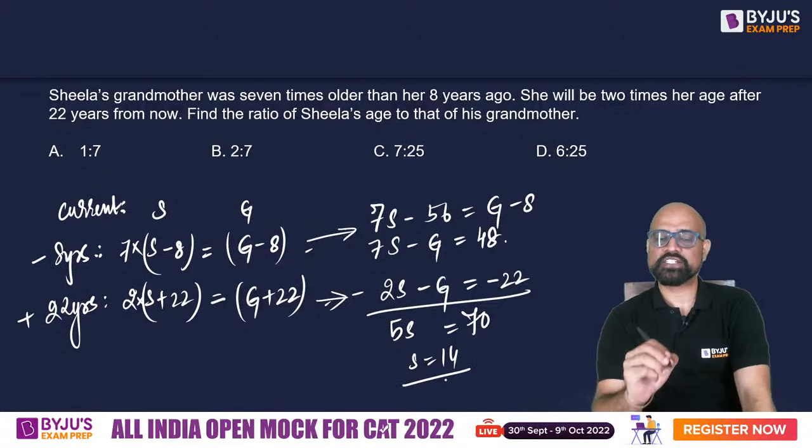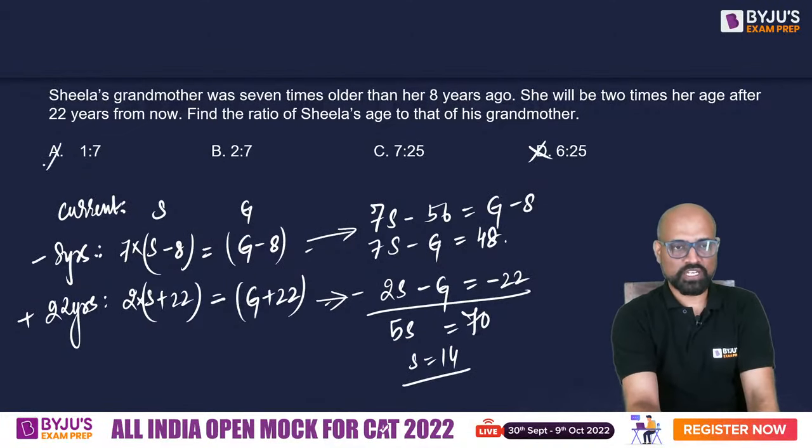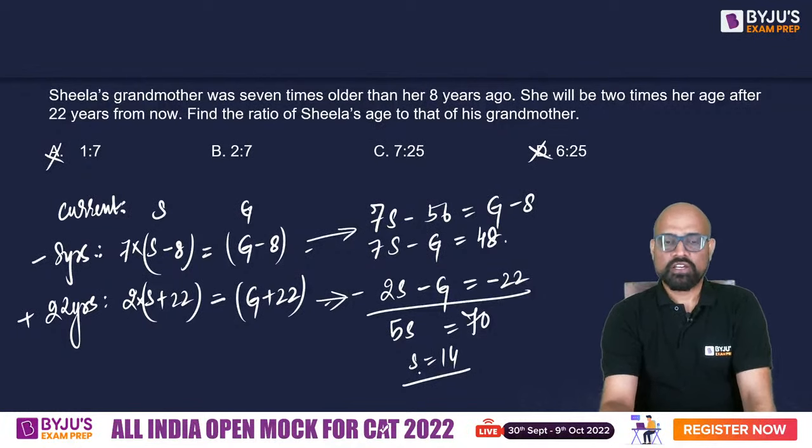The moment you get Sheila's age, that of 14, 14 will not become 1, right? 14 is way too much. So D or A to nahi hoga, right? If we put the value of S back, we will get the age of grandmother, which is going to be 28 plus 22.